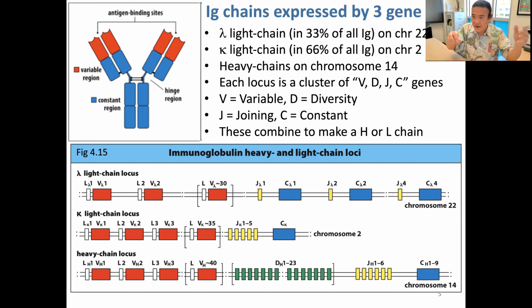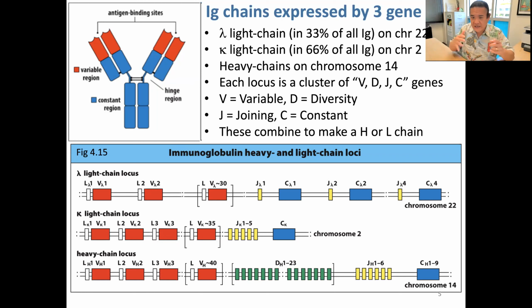So depending upon how you assemble a selection of red blocks, yellow blocks, and blue blocks, you could put together a final continuous DNA sequence that would be transcribed, and that would be a version of the light chain that comes from this big light chain locus where you have many little fragments to choose from.